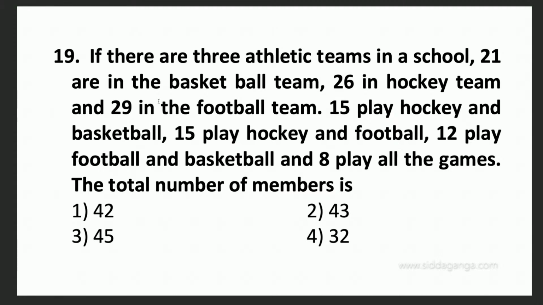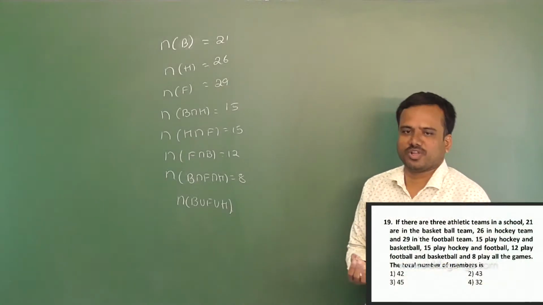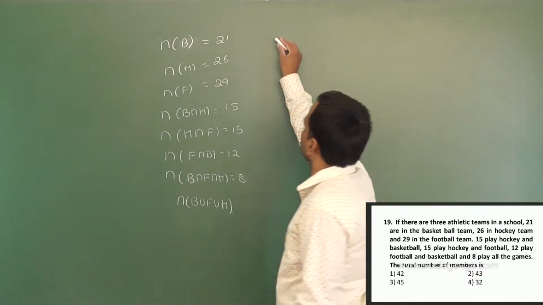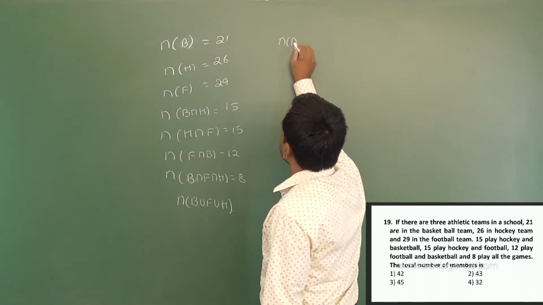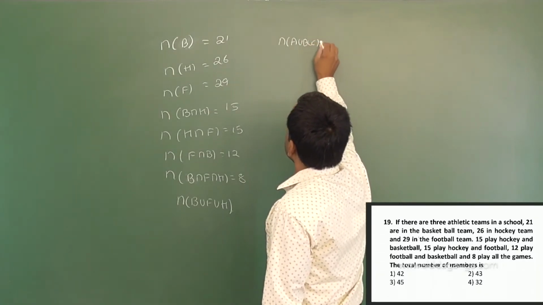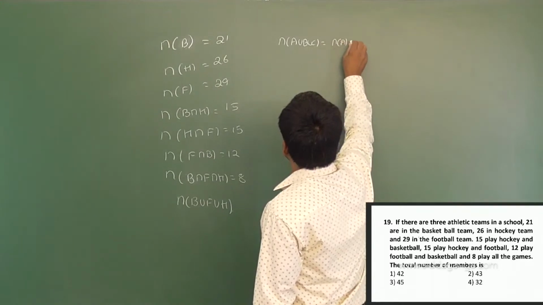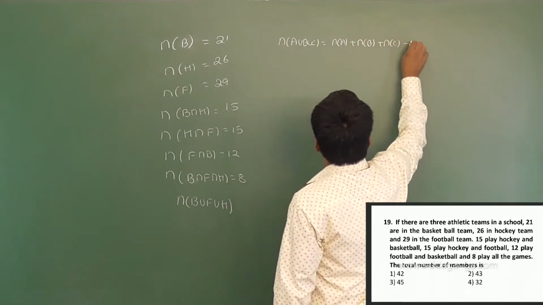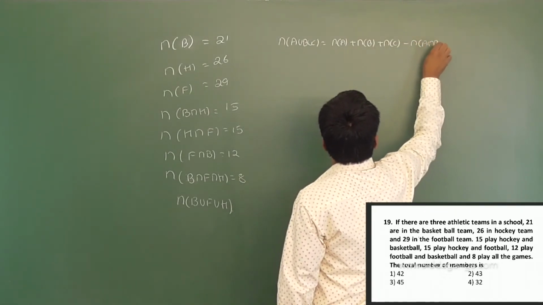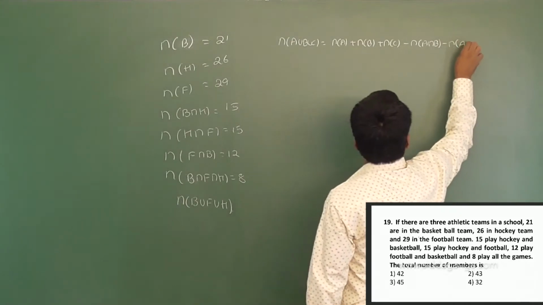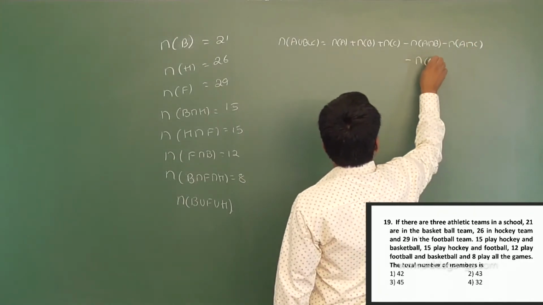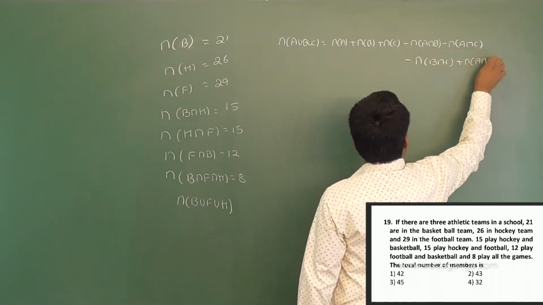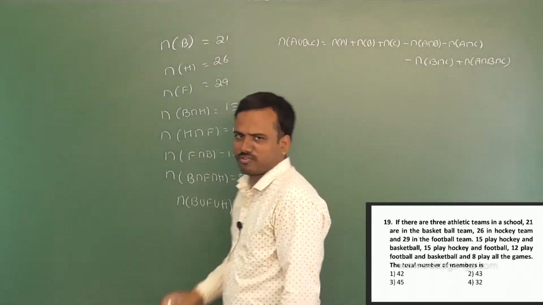So this is the question. What do we do? We use the formula we discussed in the theory class. N of A union B union C is equal to N of A plus N of B plus N of C minus N of A intersection B minus N of A intersection C minus N of B intersection C plus N of A intersection B intersection C. This is the formula for 3 sets.